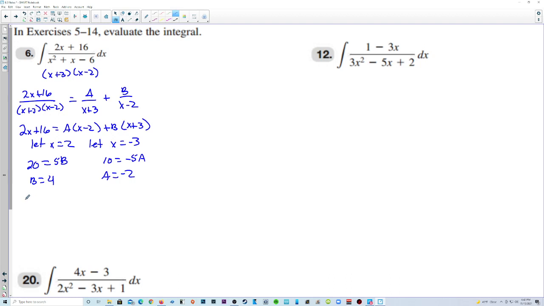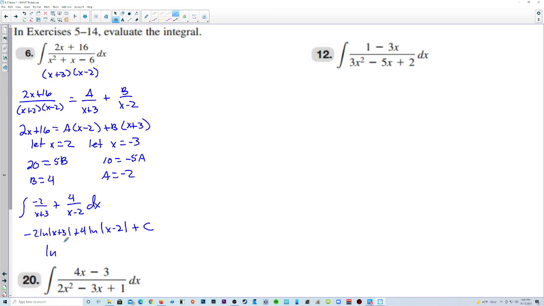So now we're going to integrate negative 2 over x plus 3 plus 4 over x minus 2 dx. That's negative 2 natural log absolute value of x plus 3 plus 4 natural log absolute value of x minus 2 plus c. Well, we really want a single logarithm, so let's do this.